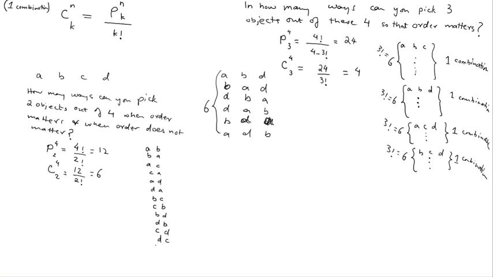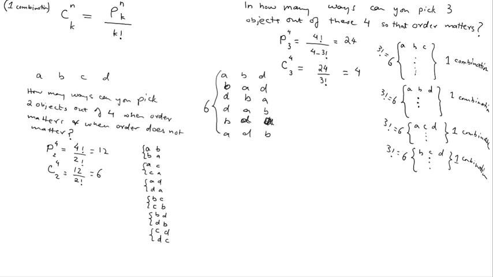Are there any other arrangements of two objects picked from these four? No, sir. Right. And this group is just a permutation of AB, AB and BA. These are two different orderings of AC, two different orderings of A and D, of B and C, B and D, C and D. And for each of them, if order does not matter, it's just one combination.